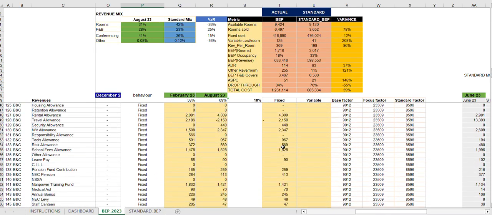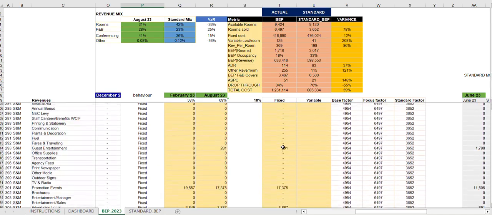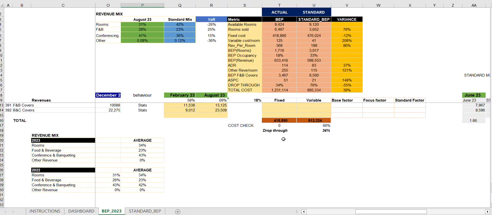It will calculate the fixed cost and sum the fixed cost here, and also the variable cost. So variable cost per room, obviously it is the total variable cost and the number of rooms sold. And then the fixed cost, which is the numerator, this is 418.